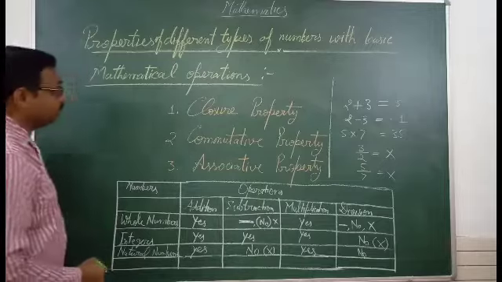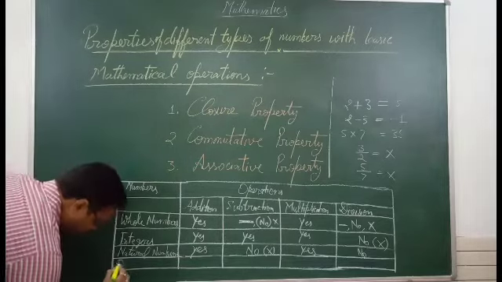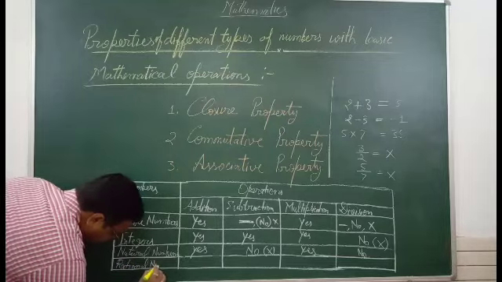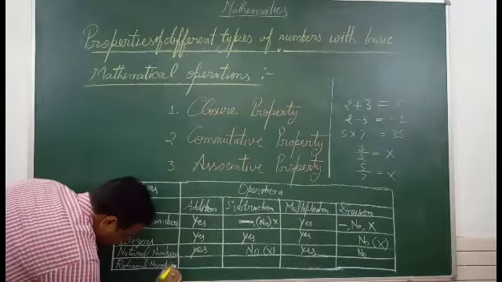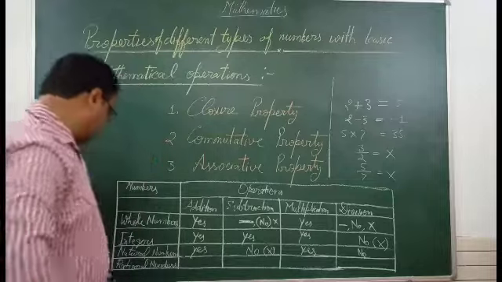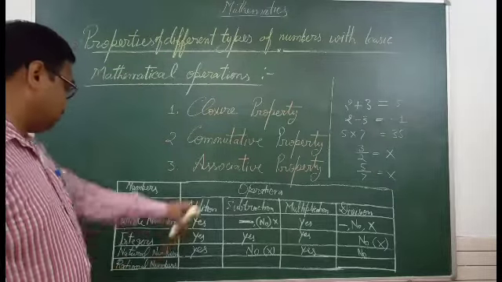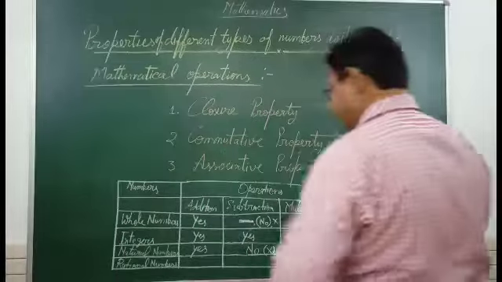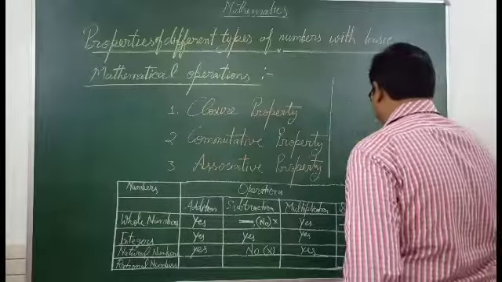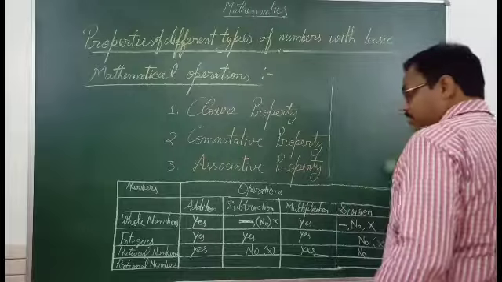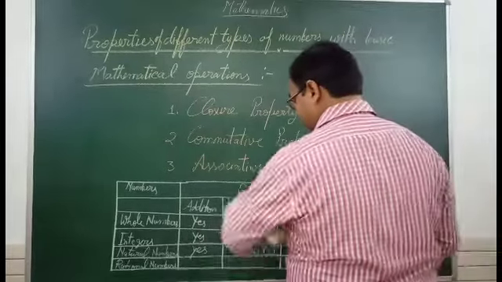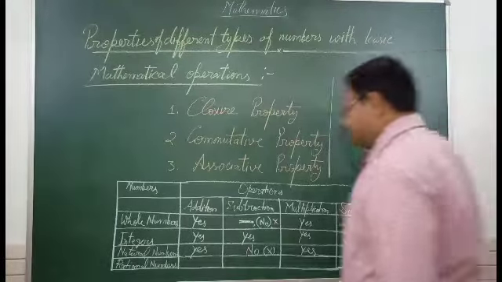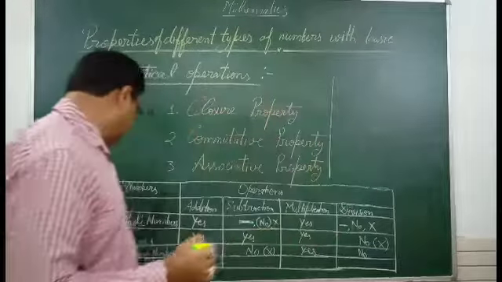At last we will take rational numbers. In rational numbers, we can use addition, subtraction, multiplication and division, and then understand whether these numbers are closed under these mathematical operations or not. So for that, what we will do?